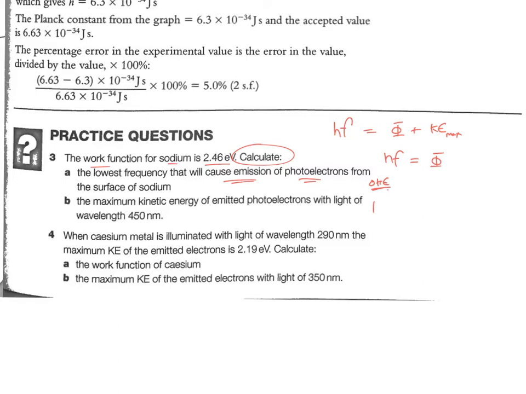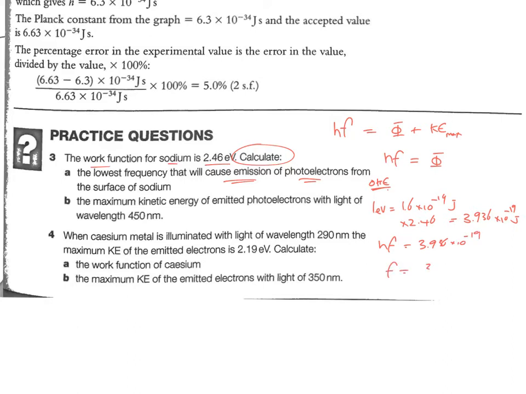So remember, 1 electron volt is 1.6 by 10 to the minus 19 joules, so 2.46 electron volts, multiply that by 2.46 to get how many joules we've got, and that gives us 3.936 by 10 to the minus 19 joules. hf equals that number now, 3.936 by 10 to the minus 19.